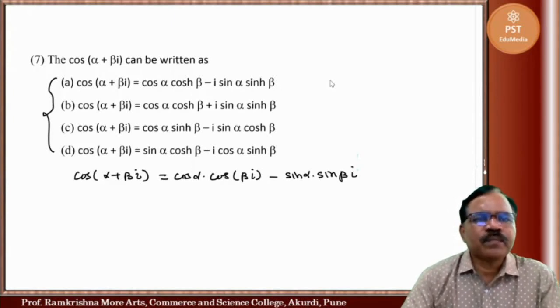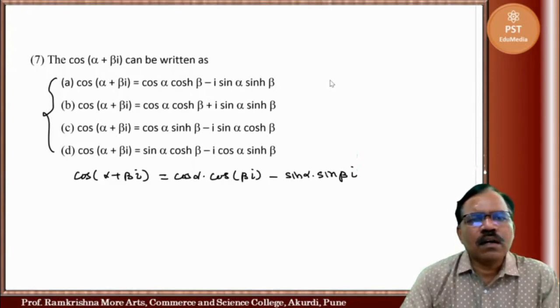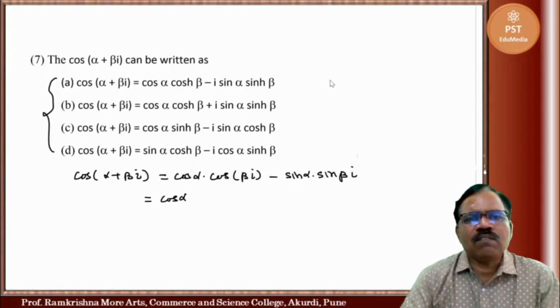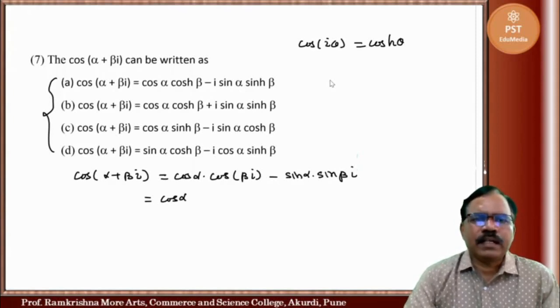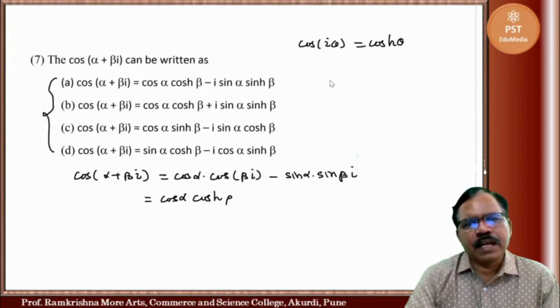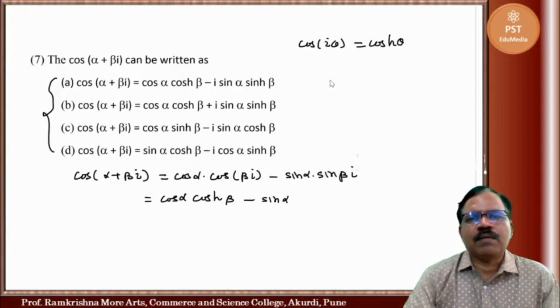Now here I can write cos α. Now what is cos βi? So cos iθ is cos hyperbolic θ. So I can write simply cos α cosh β minus sin α.